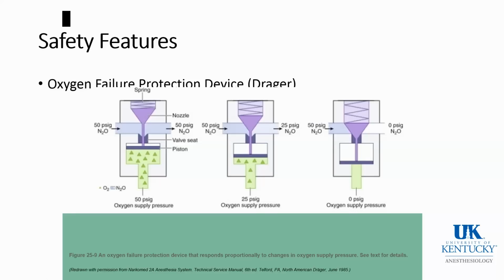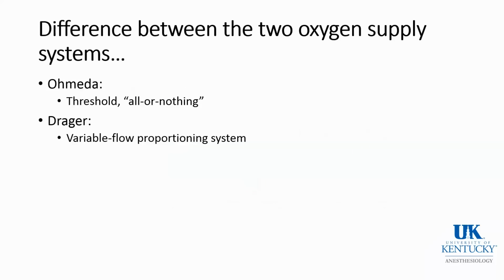The Draeger system is proportional, and as the oxygen supply falls, the supply of nitrous oxide is reduced. So the main difference between these two manufacturers is that Ohmeda is threshold, all or nothing, and Draeger is variable flow in its oxygen supply cutoff or proportioning system.